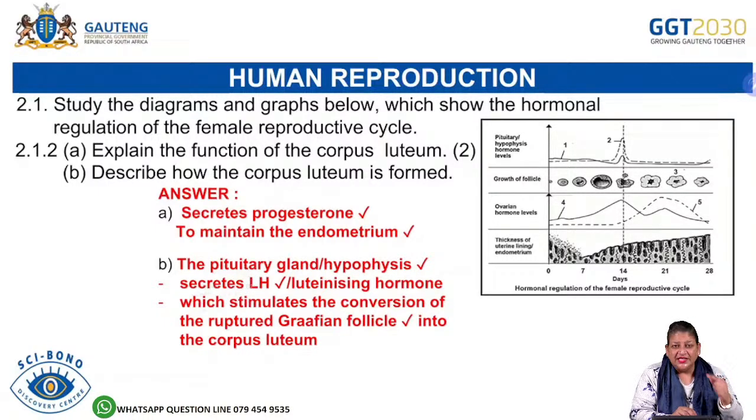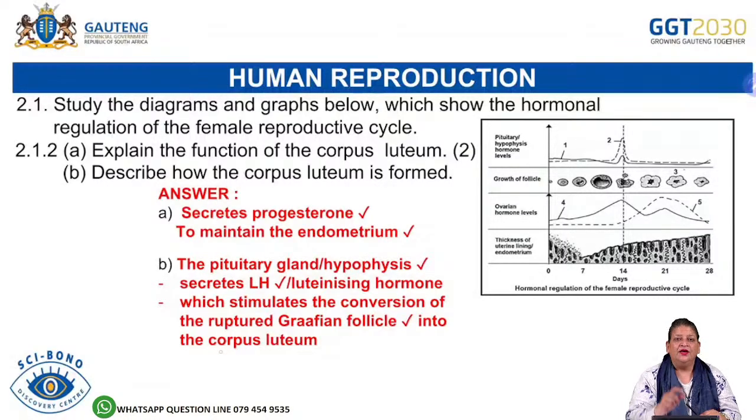And then that stimulates the Graafian follicle to rupture or burst, which then develops into the corpus luteum. Okay, learners, this always comes in the exam.